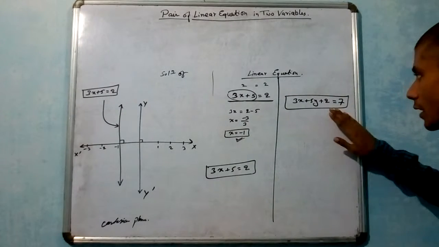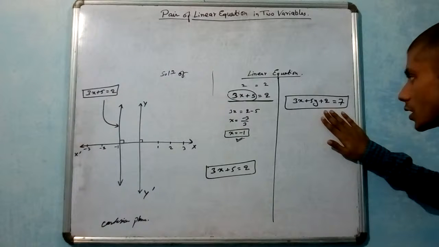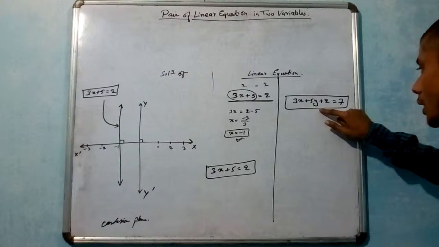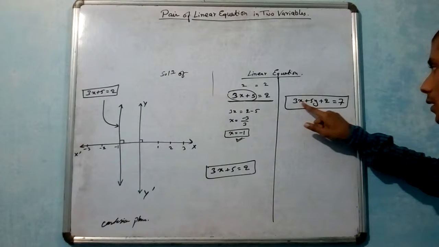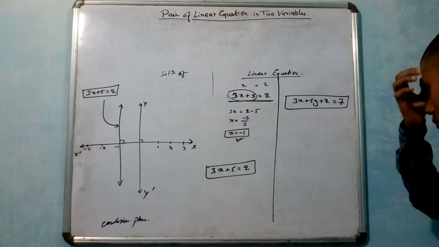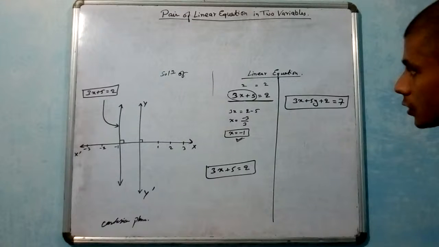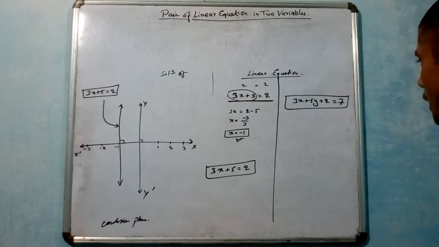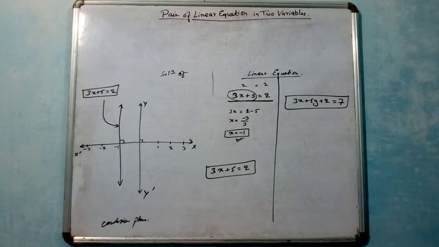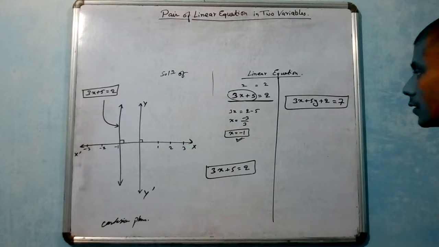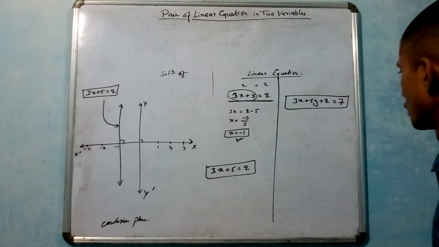Right now we have been given only one equation, a linear equation in two variables. So what can be the solutions? Can we find one solution, two solutions? How many solutions can it have?